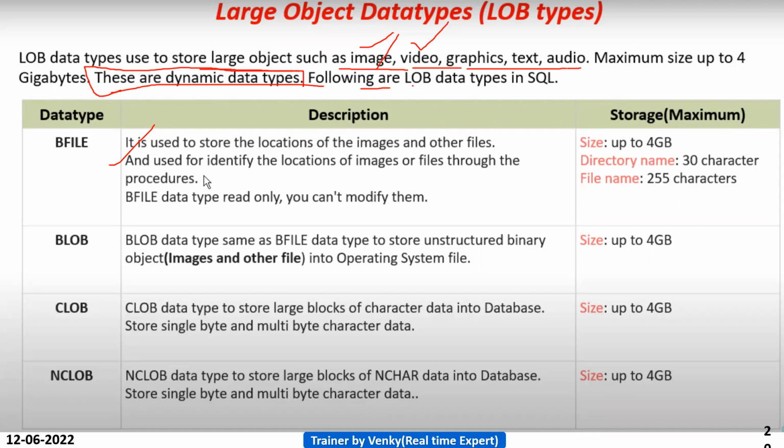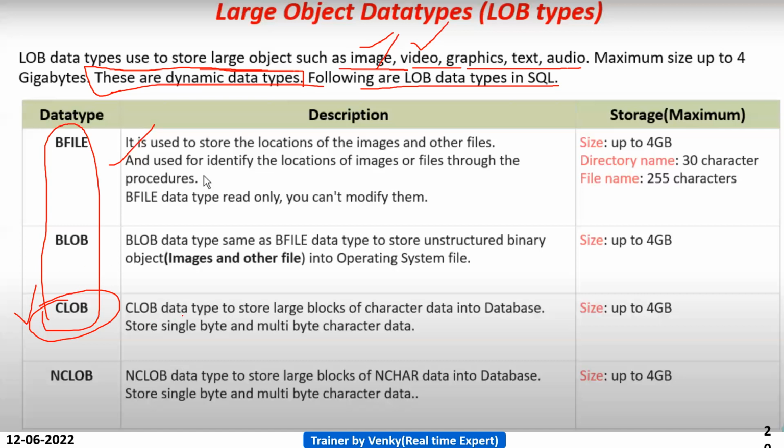Okay. Following LOB data types are in SQL. So we have 4 LOB data types. So mainly these three only. So I will tell you. With respect to character data, if you want to store character data, you have CLOB, character large objects.